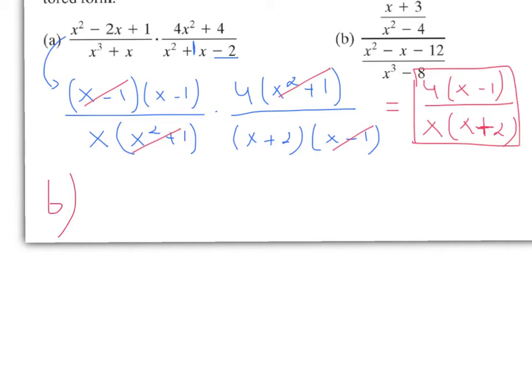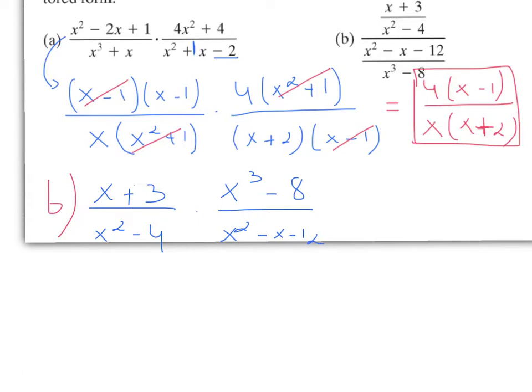Okay, so let's take this one here. We have x plus 3 over x squared minus 4, times the reciprocal of this, which is going to be x cubed minus 8 over x squared minus x minus 12.